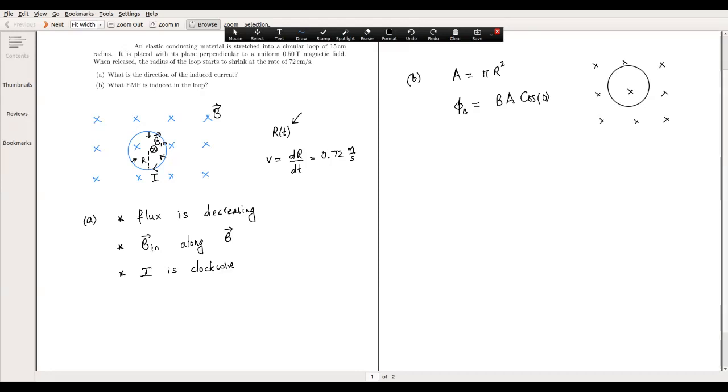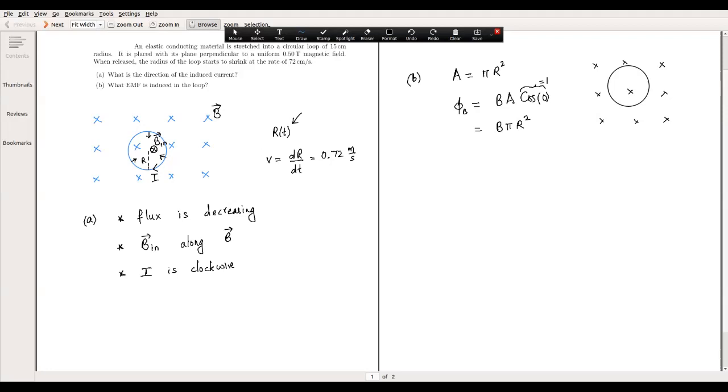That means the vector, which is perpendicular to the plane of the area, will be going into the page, and the angle between the area vector and the magnetic field will be 0. So that's equal to cosine of 0 is 1. Area is pi r squared, so it is B times pi times r squared.